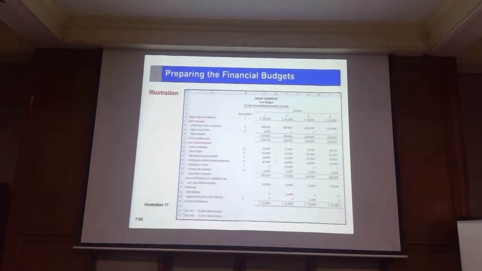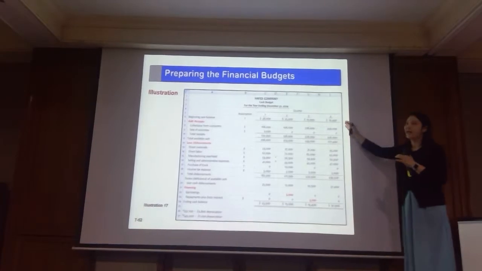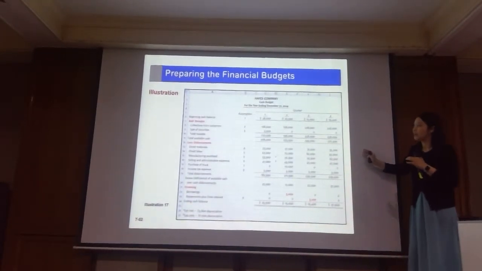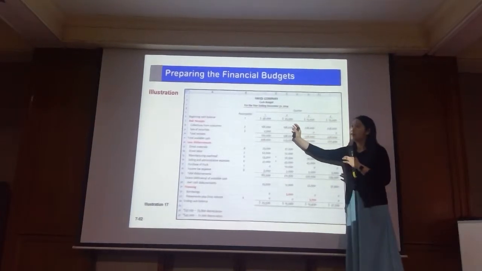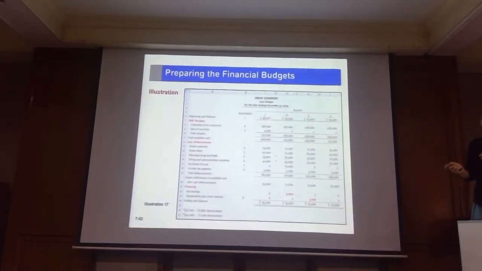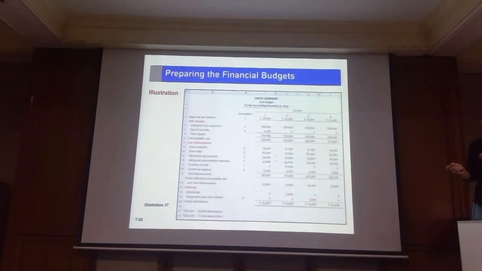And let's see, after we have everything on hand, right now we just combine everything together and come up with the cash budget, okay? Let's look at the first quarter first. We have the beginning cash balance, and then we just add the beginning balance to the cash received.